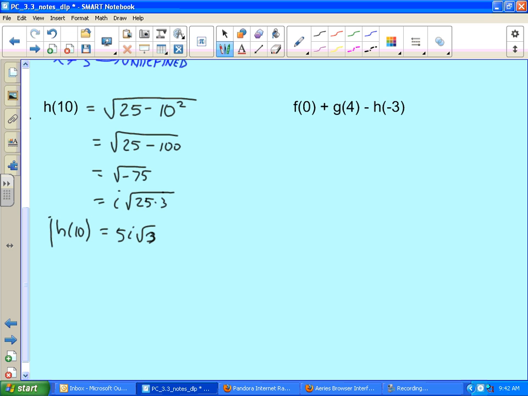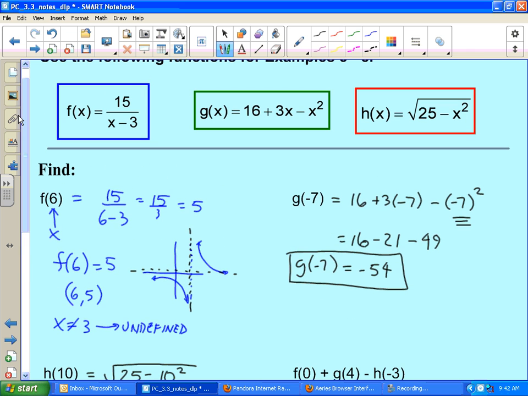No, it is not plus or minus because, great question, when we give the original function as a radical like that, that's called the principal root. And that means positive only.